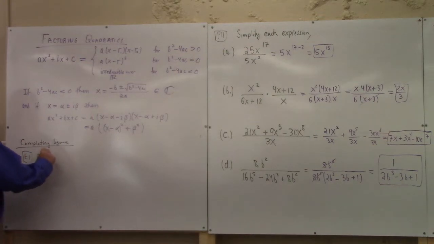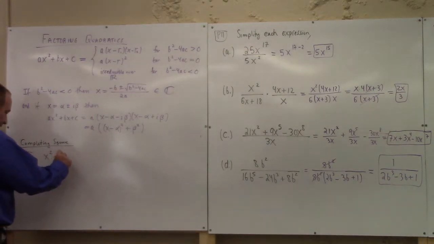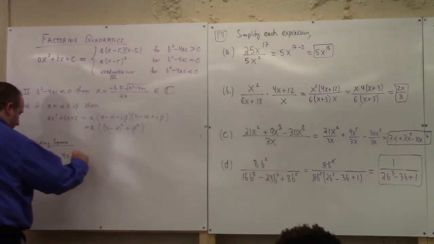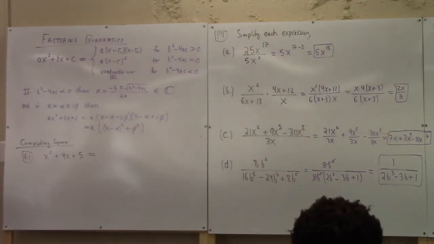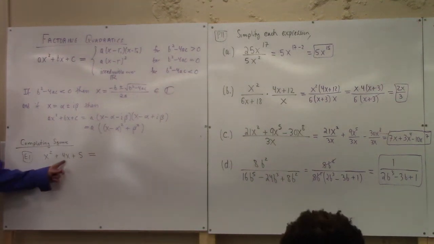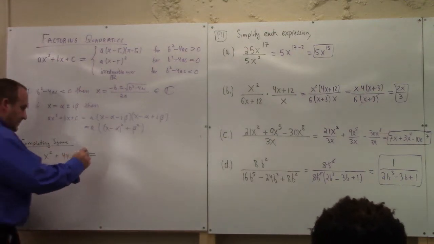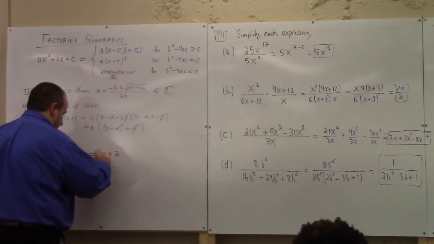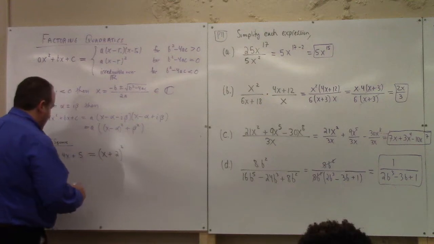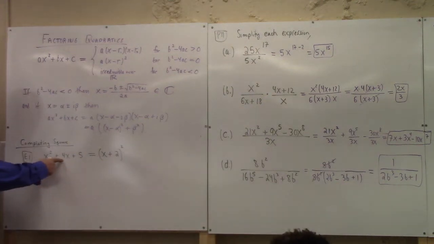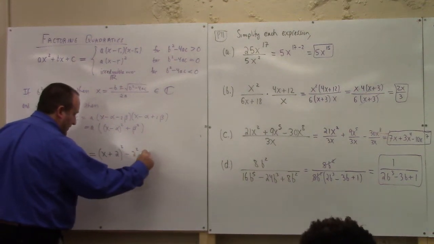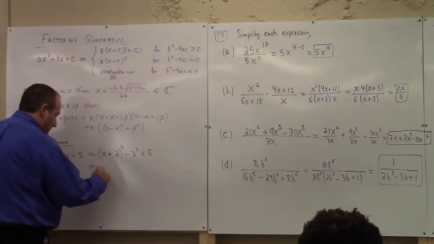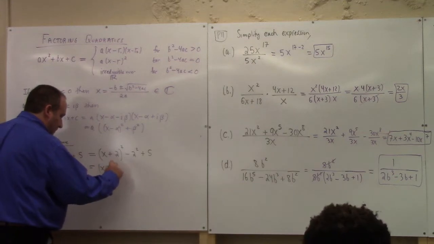If we have x squared plus 4x plus 5, to complete the square here, I take half of that, which is 2, right? I do (x plus 2) squared. So I took half of 4, which is 2, and now I have to subtract 2 squared, and I add it to 5. So this is giving me (x plus 2) squared plus 1.